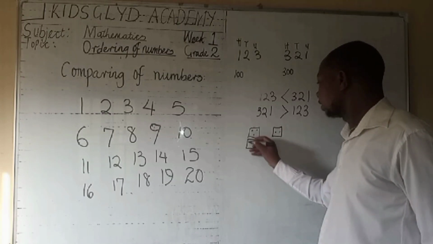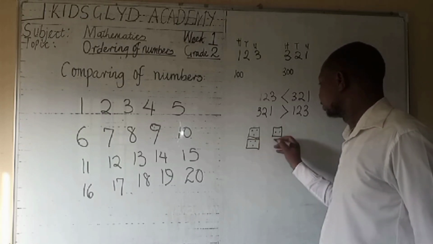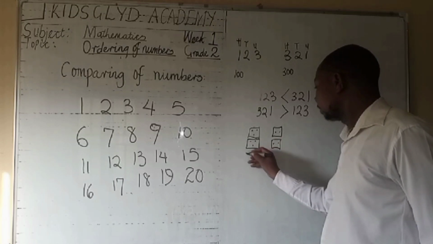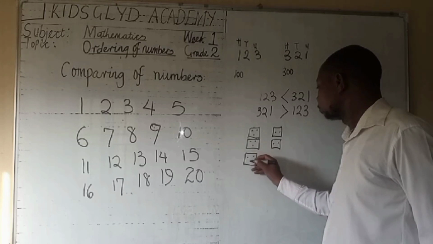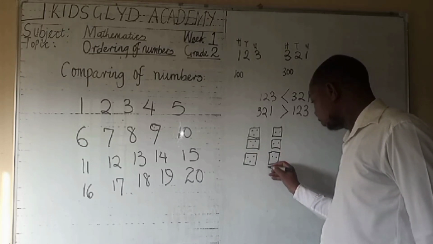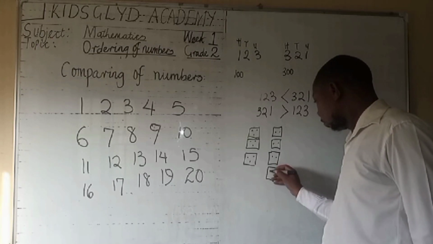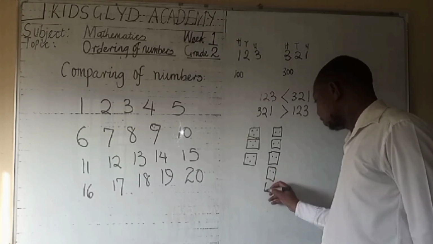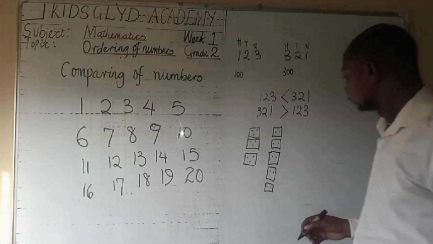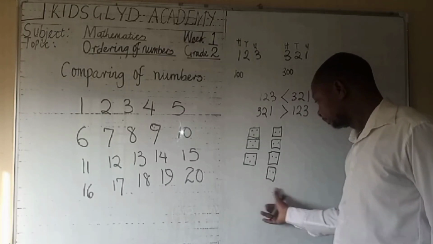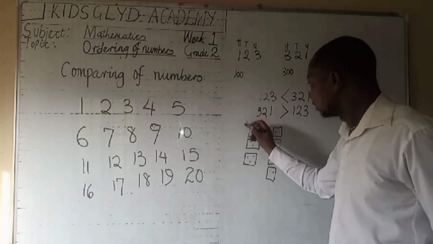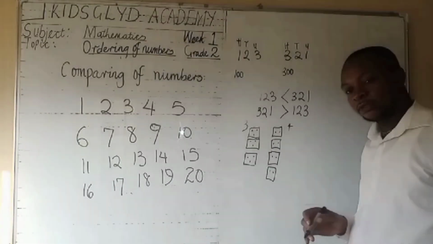We still have other ones here, 1, 2, 3, and 1, 2, and so on. Okay, let's end here. Now, we have 3 items here. We have 4 items here.